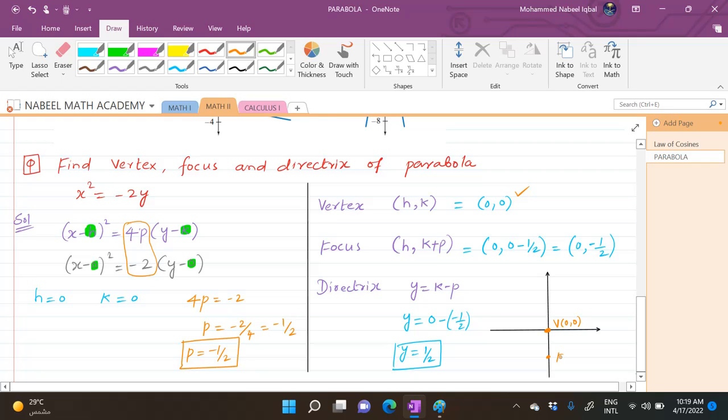So the focus is 0 comma minus half, and the parabola opens on the focus side, so it opens downward. And what about the directrix? This is the directrix, y equals half.